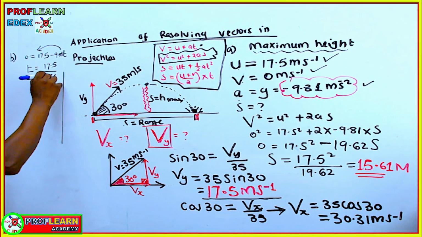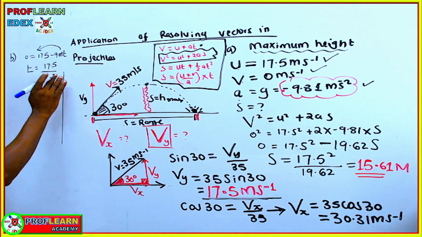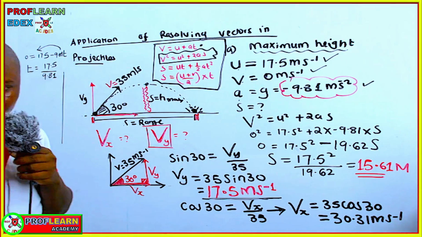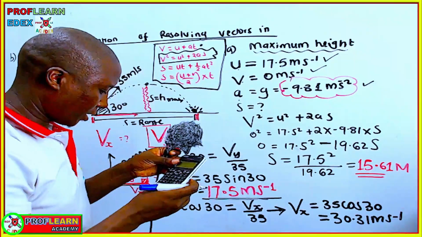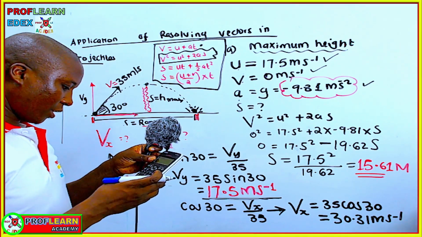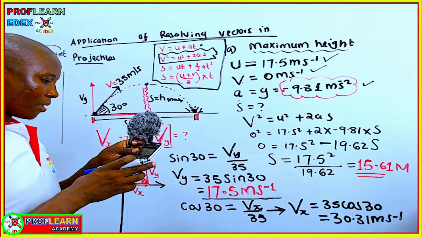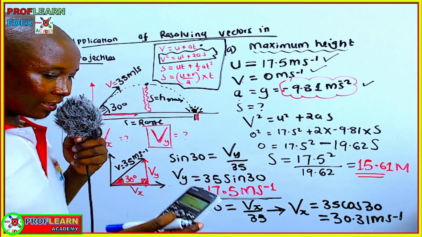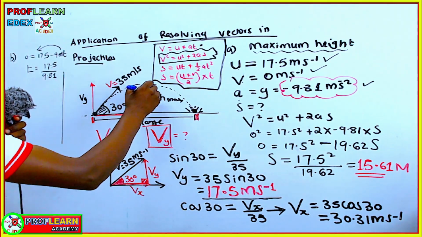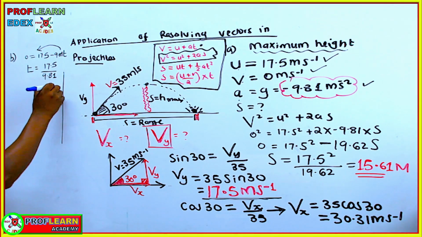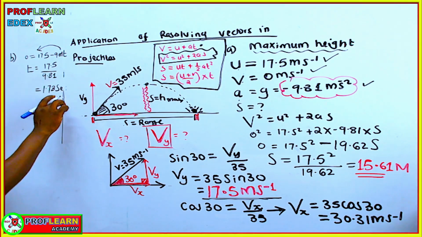So let us work it out: 17.5 divided by 9.81 gives us 1.78. The time it takes this object to move to the maximum height is 1.78 seconds.